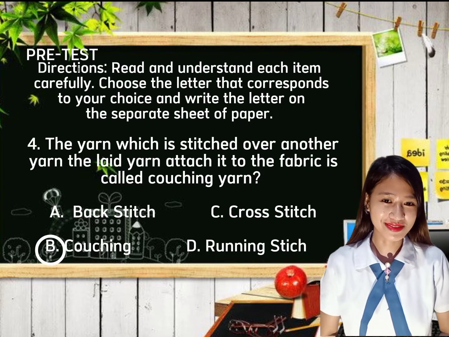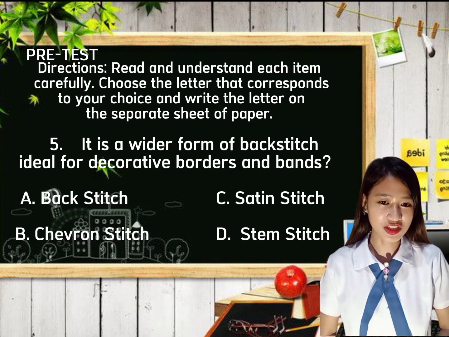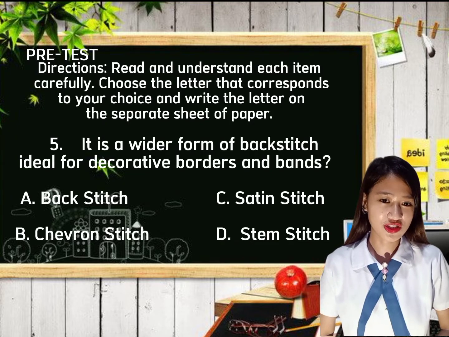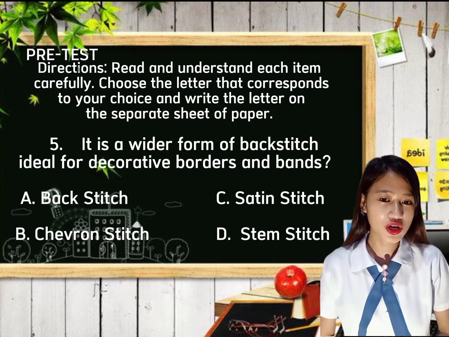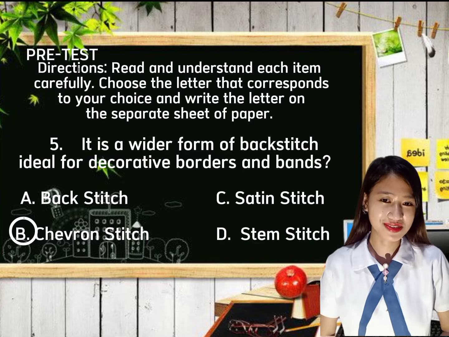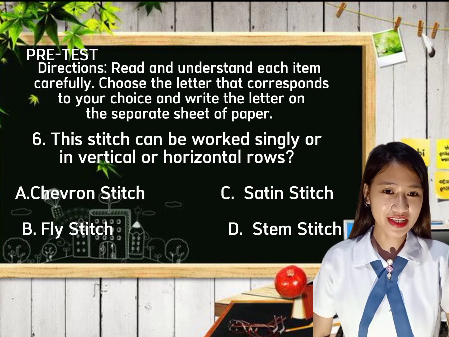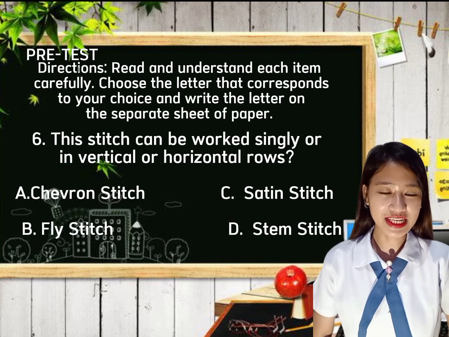B. Couching. Number 5. It is a wider form of back stitch, ideal for decorative borders and buttons. A. Box stitch. B. Chevron stitch. C. Satin stitch. Or D. Stem stitch. D. Chevron stitch. Number 6. This stitch can be worked singly or in vertical or horizontal rows. A. Chevron stitch.